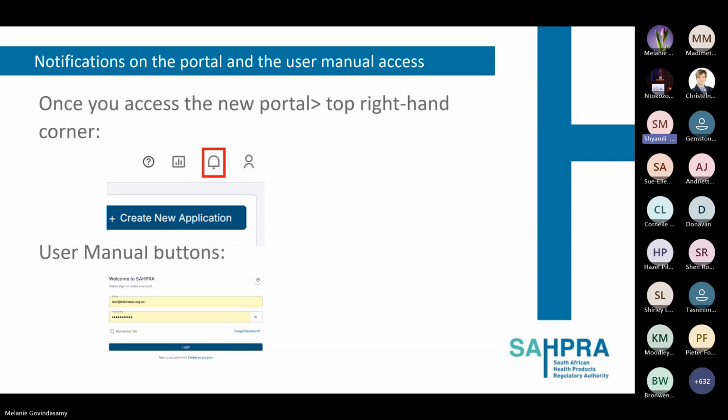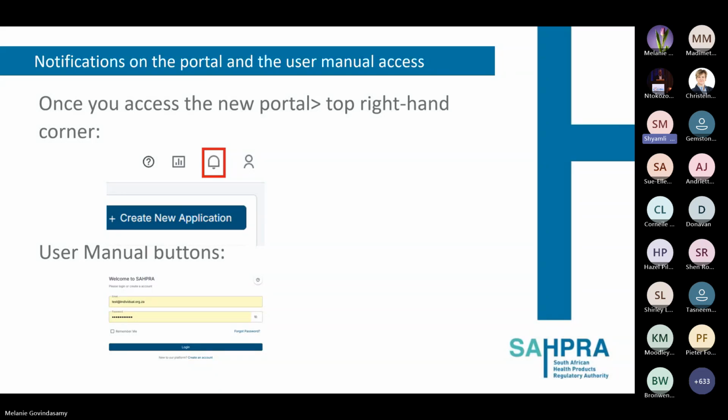Okay, just a few tips here. Once you access the new portal and you've registered, on the top right-hand corner you'll find a profile button. There, marked in red, is a notifications bell icon where you can read the notifications for your applications. The user manual can also be accessed there, where you see the help button to the left.